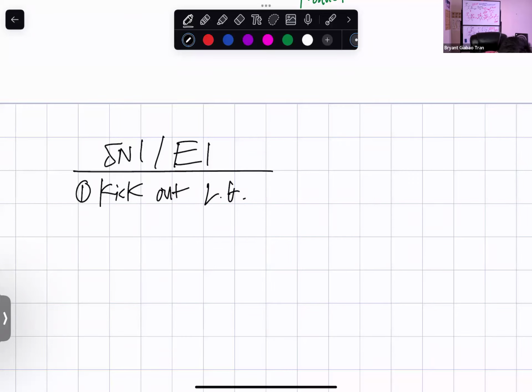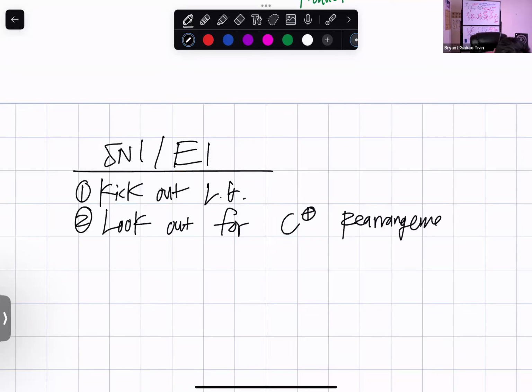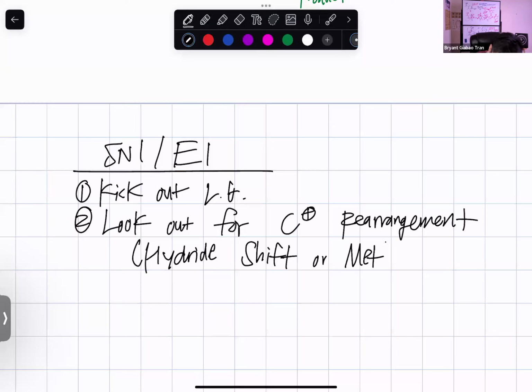And then the second one, look out for carbocation rearrangement. So a hydride shift or a methyl shift.